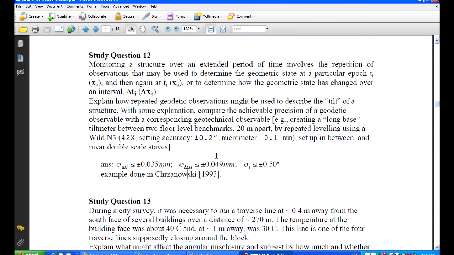This is done twice, so we end up with an uncertainty in the height difference in any one particular campaign of no worse than 0.035 of a millimeter when we do that.